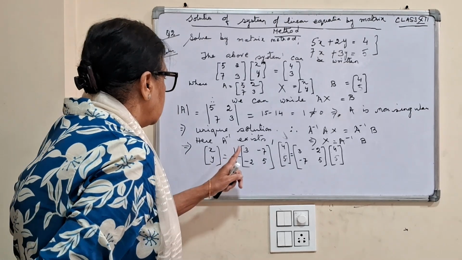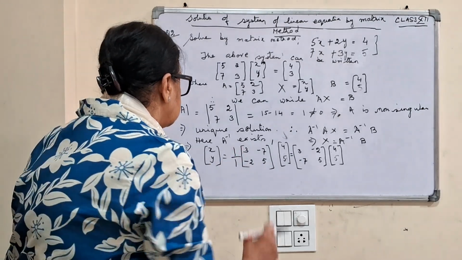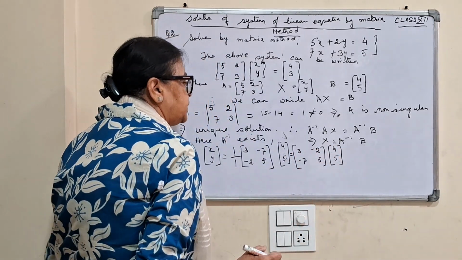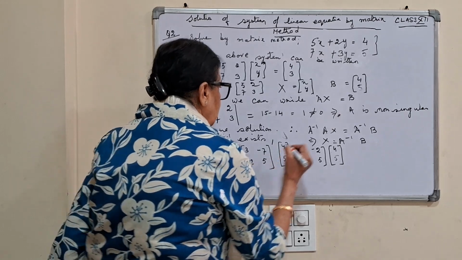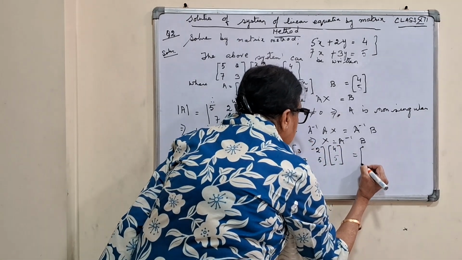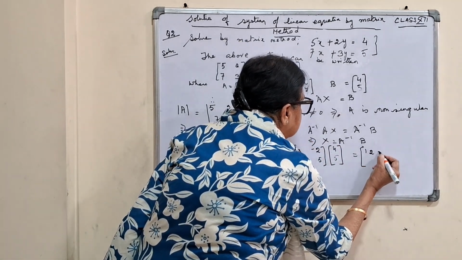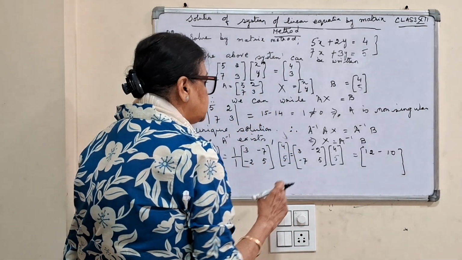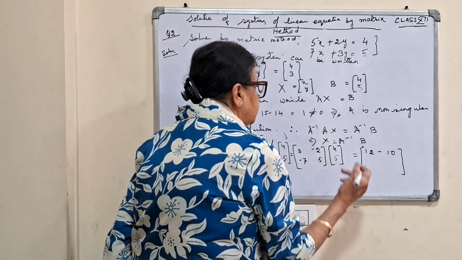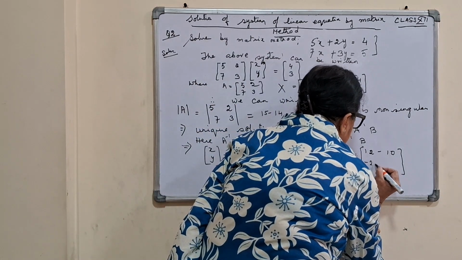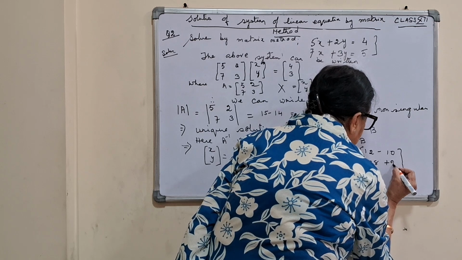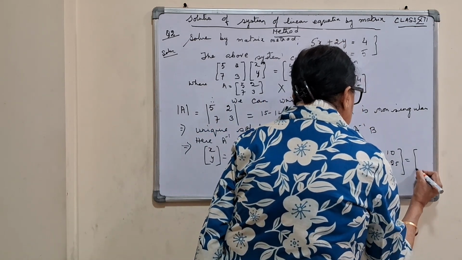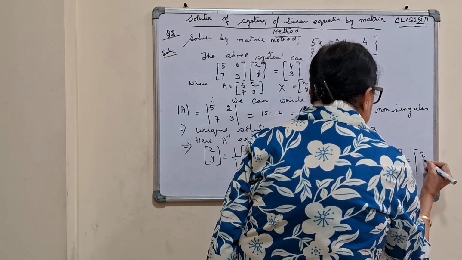So here 3 4s are 12 and 5 3s are 15, that is 12 minus 10, and here it is minus 28 plus 25, that is equal to 2 and minus 3.